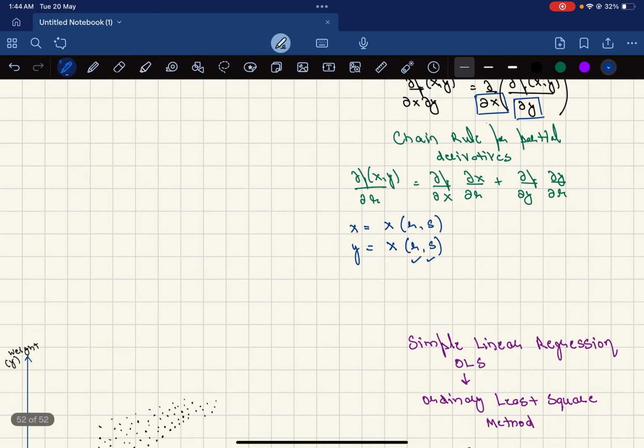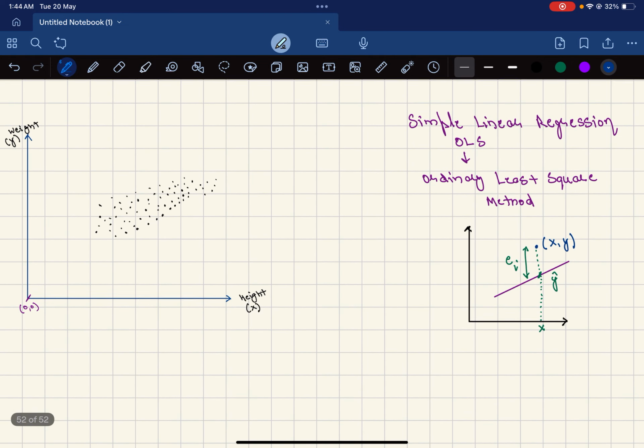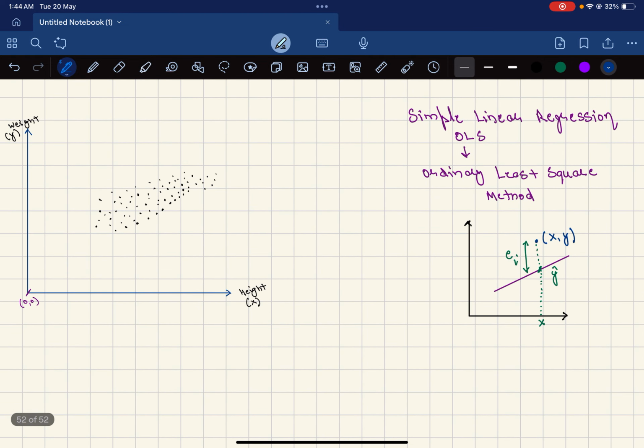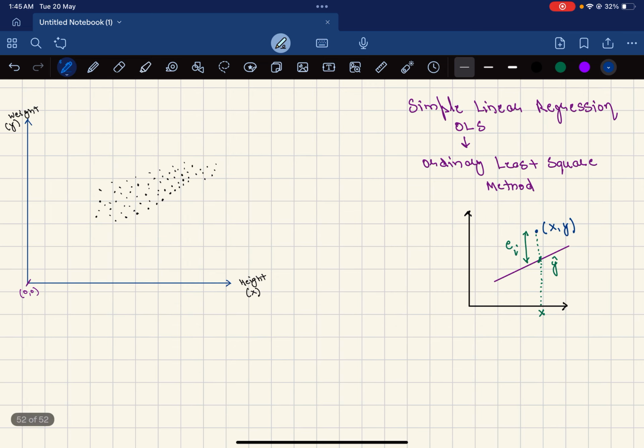Now moving ahead, we'll be looking at a very important machine learning application for partial derivatives. We'll try to derive the best fit line, which is also called the simple linear regression line, for a set of points.